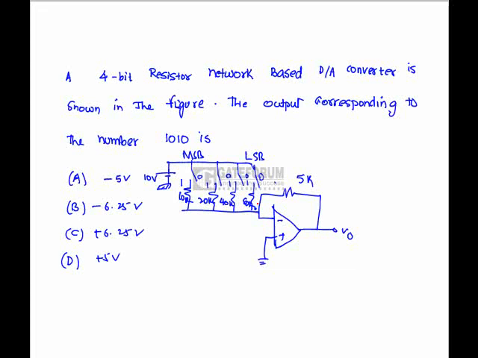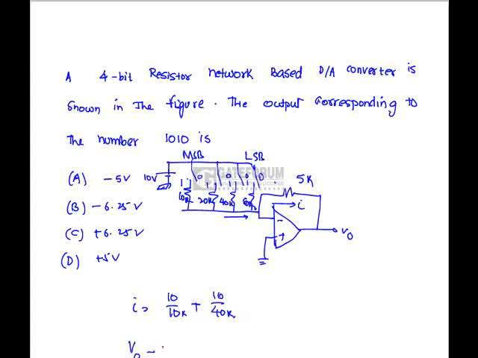Question: a 4-bit resistor network based D2A converter is shown in the figure. The output corresponding to the number. Here 1010 is the input. It means the MSB switch is closed as well as the second from the LSB switch is closed. So this current is nothing but this current. Here I is 10 by 10k plus 10 by 40k.